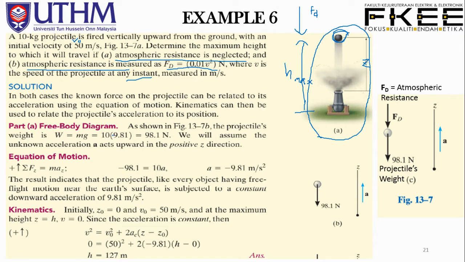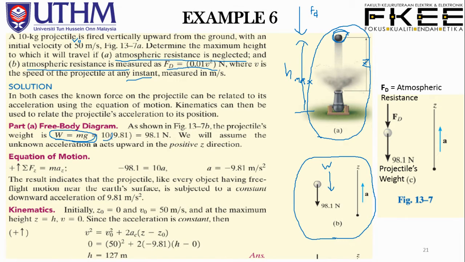Part A, free body diagram. This is shown in figure 13.7b. You can see the projectile, and the weight is acting downward. The weight of the projectile is W equal to mg.